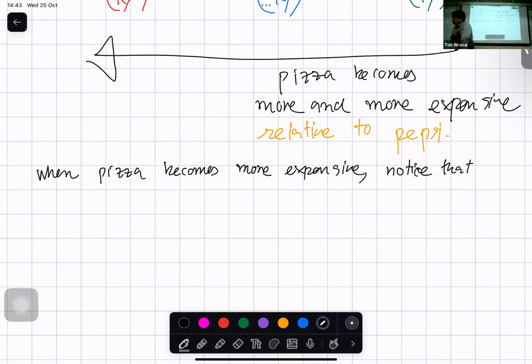I summarize for you. When pizza becomes more expensive, notice that he did substitution.